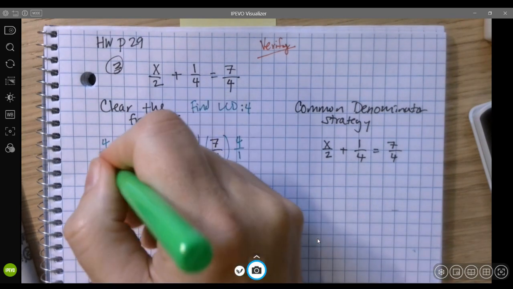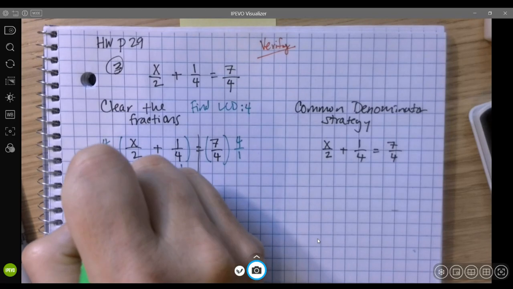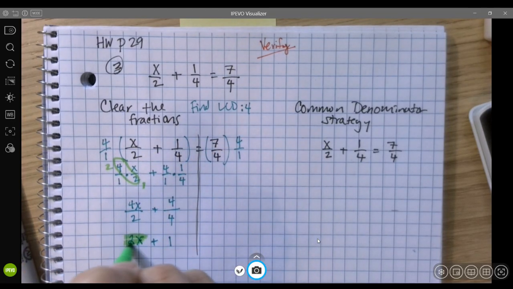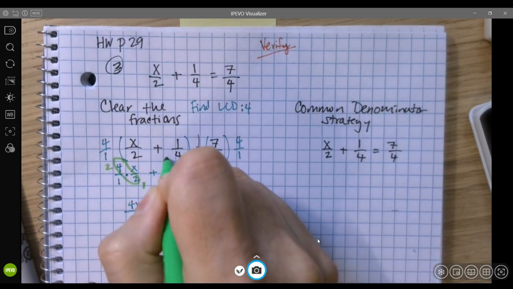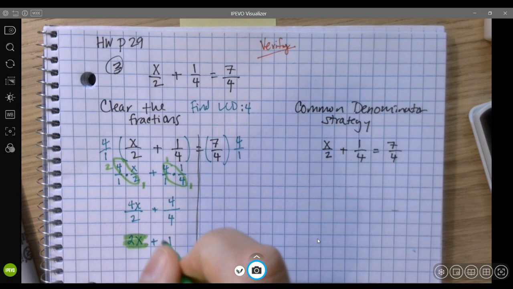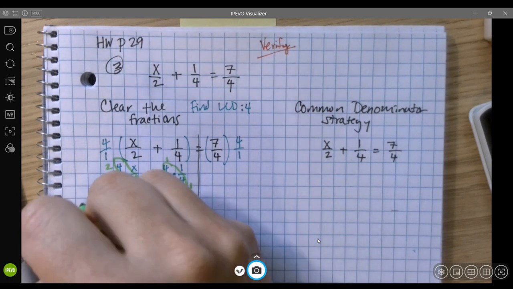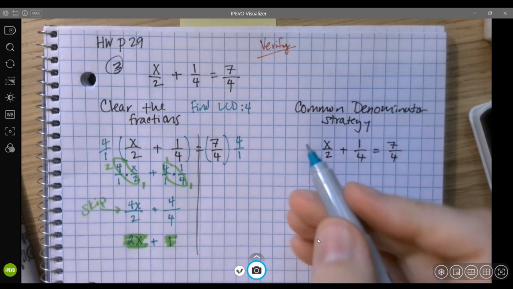If I were to do the reducing strategy, that would be 1. That would be 2. 2 times x is 2x. I'd get straight to this step. 4 and 4 is going to be 1/1. I get to skip that middle step if I do the reducing. You can choose which way you want to go.